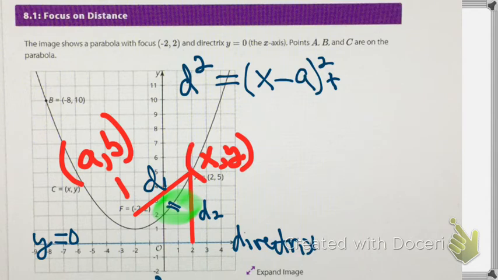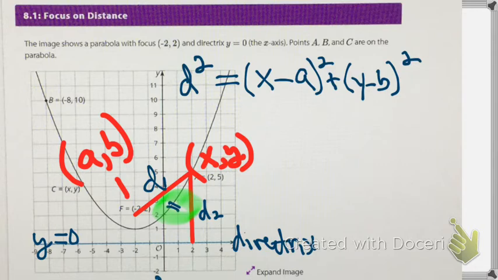So what we've really got is the difference in the x's right there, and we're squaring it. So it's that Pythagorean thing again, just the difference of the x's. And then we come over to the y's, and that's going to be y minus b squared.